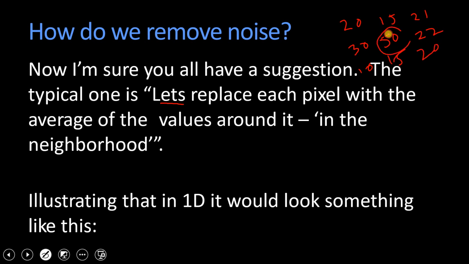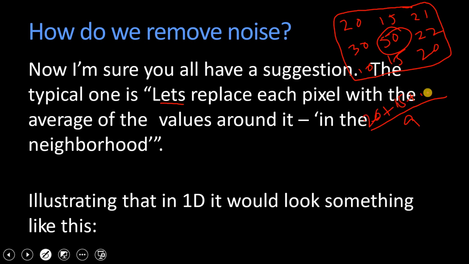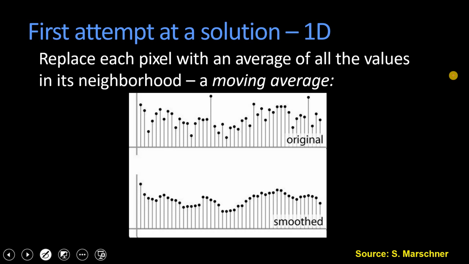So how do we remove this noise? One thing can be that you take the average of all the pixels in the surroundings. You add all those values along with this one, so there will be 9 values, divided by 9. You will have 20 plus 15 plus a lot of values, add them up and divide by 9. This is the averaging.